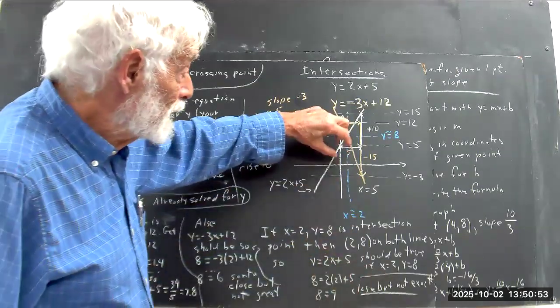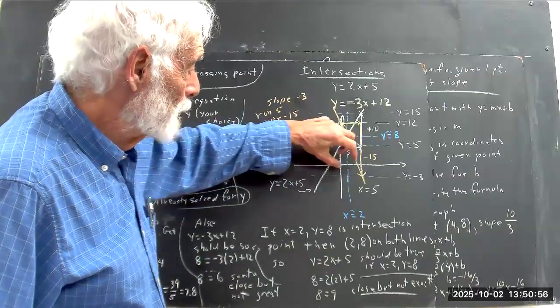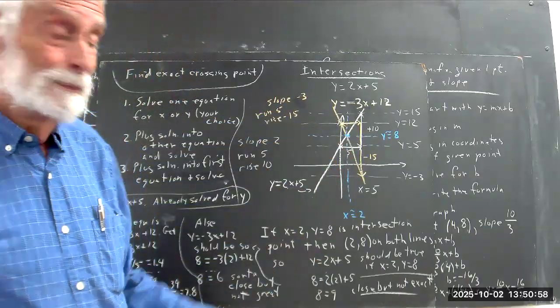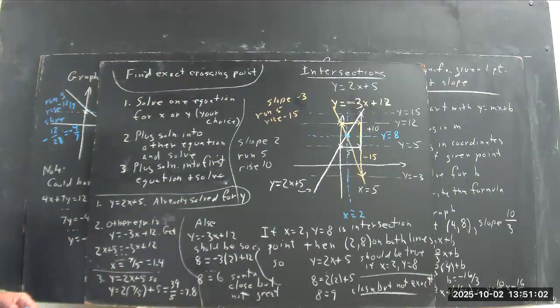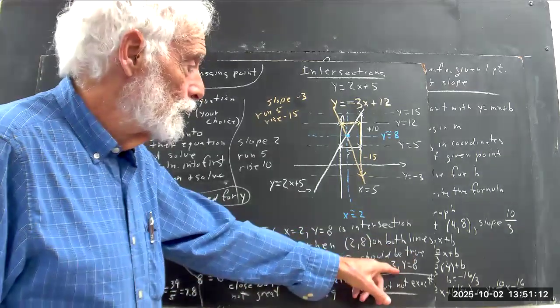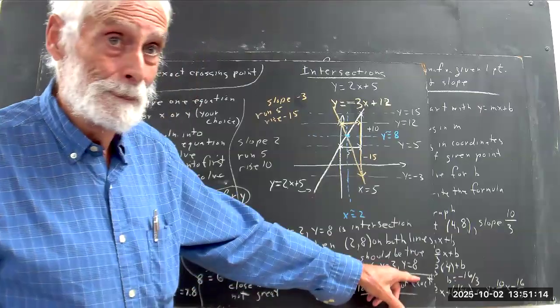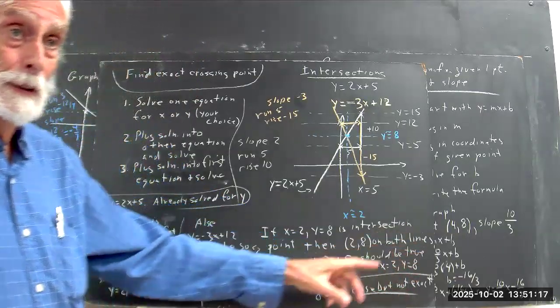Now, if I look at this, it's pretty clear that this might be a little bit less than 2. If 5 is here, that might be a little less than 2, but it looks pretty close to 2. So my graph was a little bit flawed there. Lines weren't completely straight. Something is haywire. So my estimate wasn't bad, but it wasn't great.